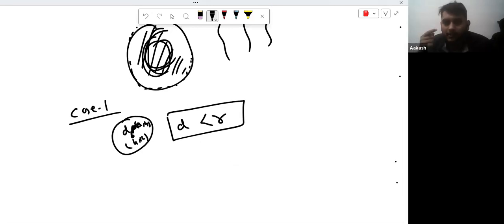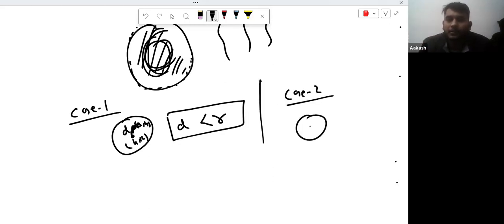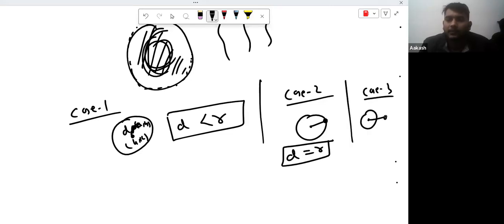The distance between that point and the center will be less than the radius. In case 2, if it is on the circle, then the distance will be equal to the radius. In case 3, if it is outside the circle, then this distance will be more than the radius. This way you can calculate and see if a point is inside or outside the circle.